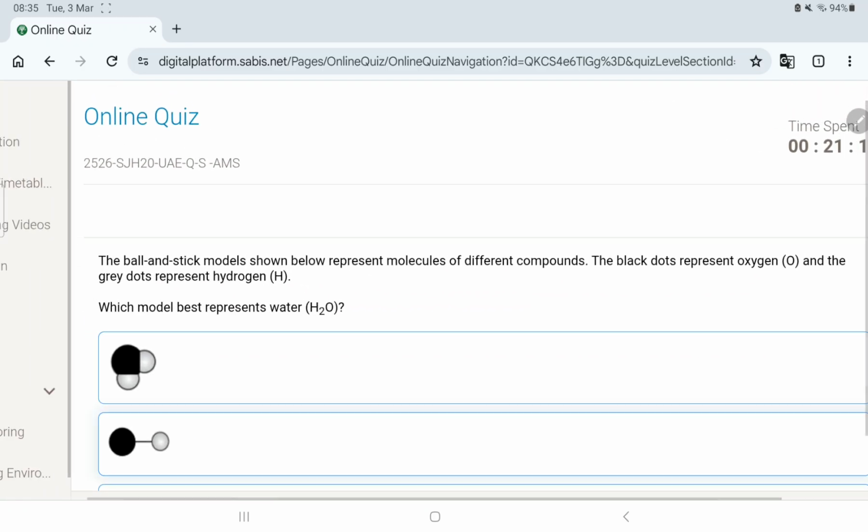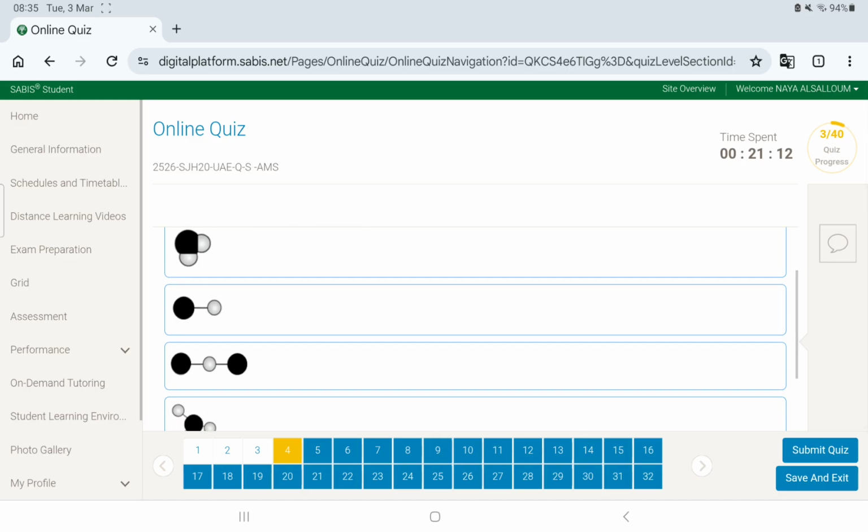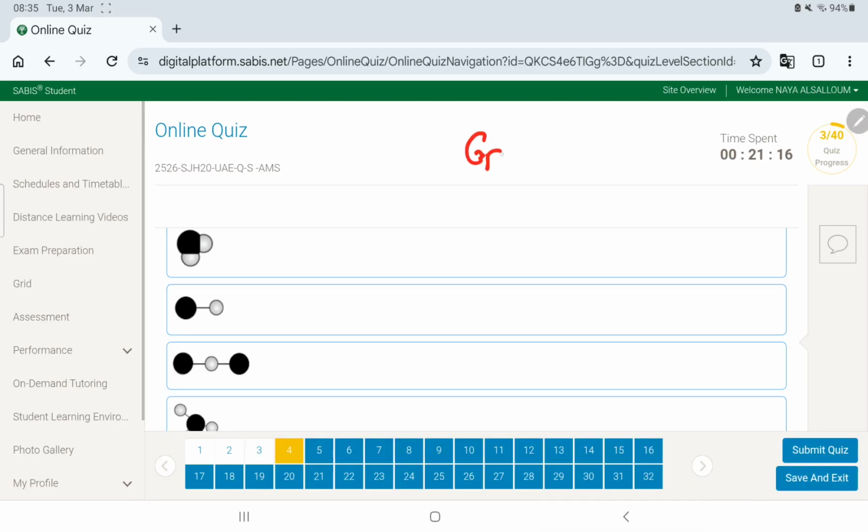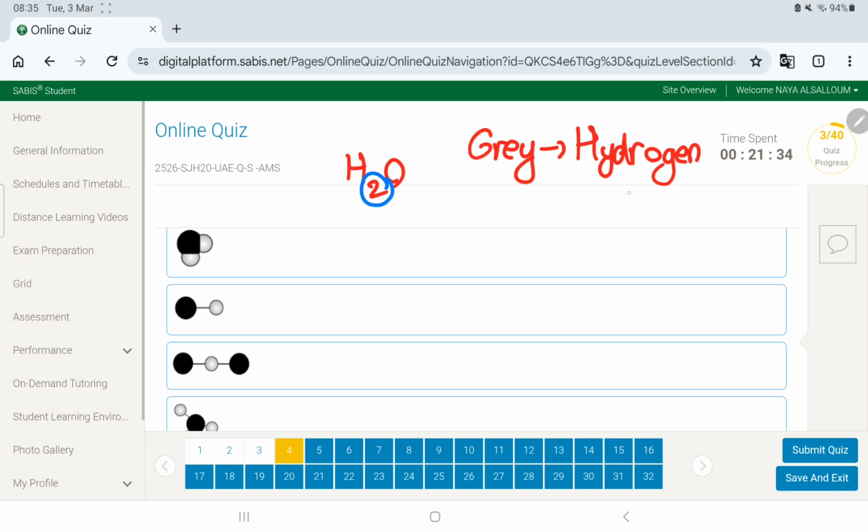The black dots represent the oxygen and the gray dots represent hydrogen. So here, the gray is hydrogen. And in H2O, how many hydrogen atoms did we have here? We had 2. So hydrogen is 2 atoms of hydrogen.